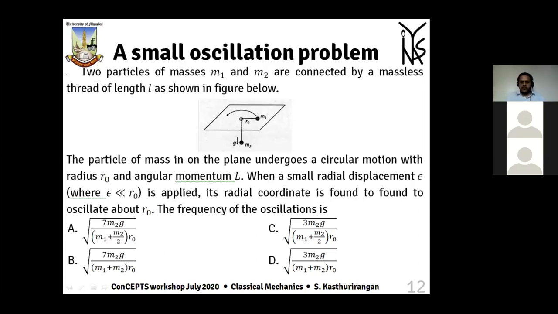So basically you have got something like this. This is moving like this, and this is moving round and round with little bit of oscillation, something of this kind. So in such a situation, you are asked to find what will be the frequency of oscillations.